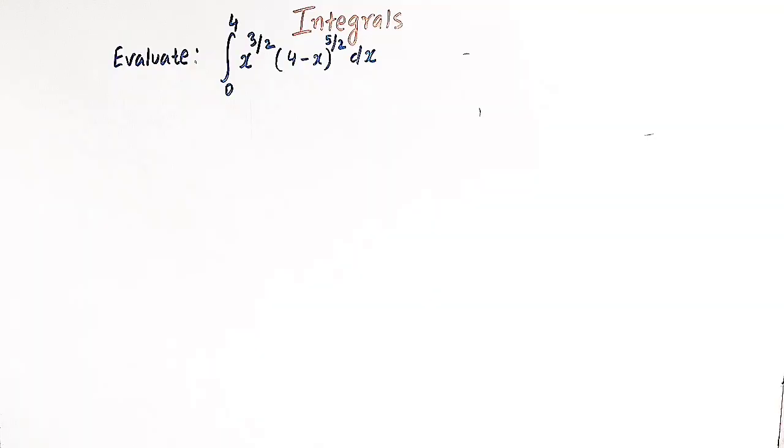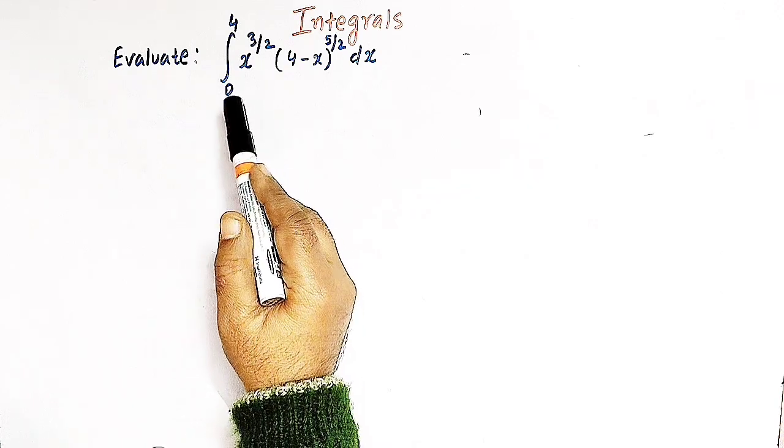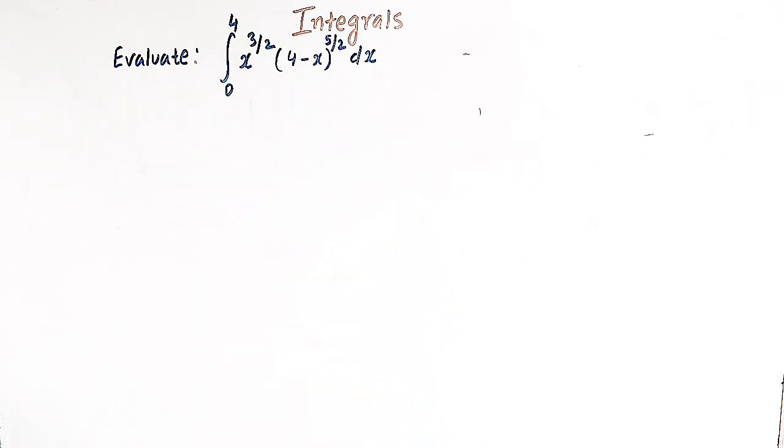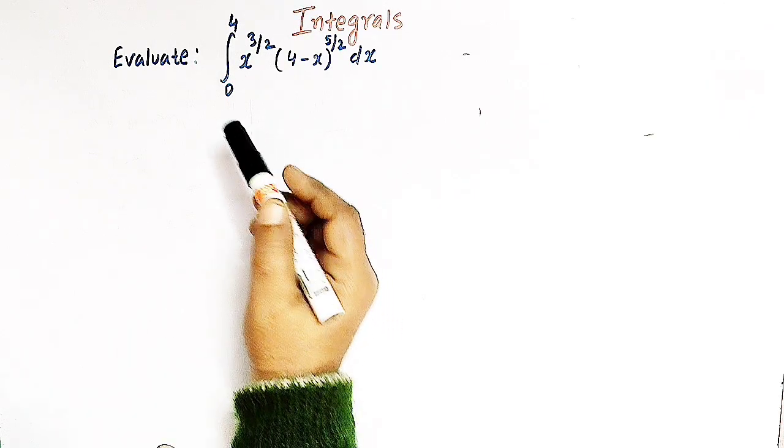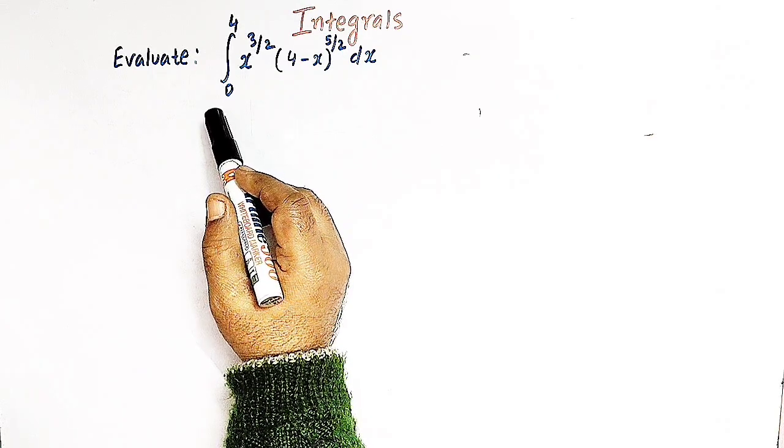Hello viewers, in today's session we are going to discuss another important problem from integrals, and we are going to find out the value of this definite integral using the concept of beta and gamma functions. Here we'll see the application of beta and gamma functions to evaluate this integral.